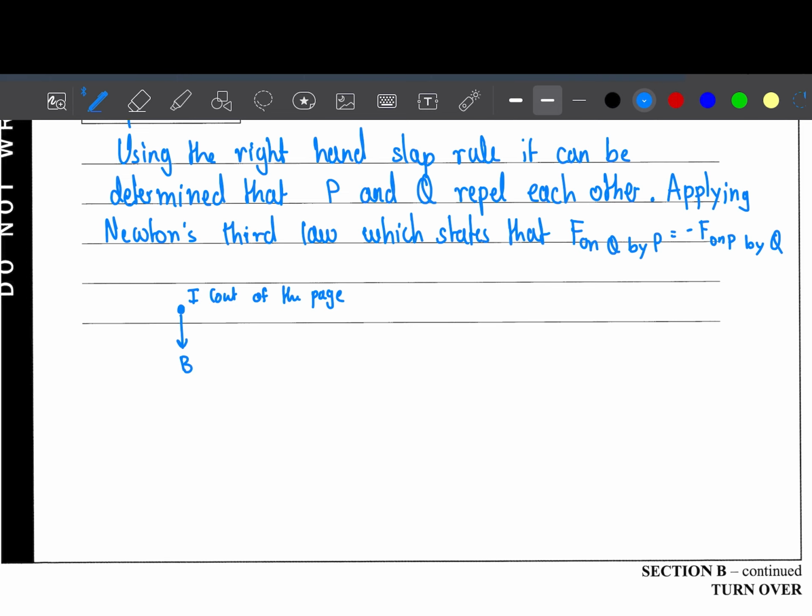Now if I use my right hand slap rule to match these two, we will get our force going this way. And this is for P. For Q, current is going into the page, right? And our B, the magnetic field, is going this way. So that means our force is going to go this way if you apply the right hand slap rule.